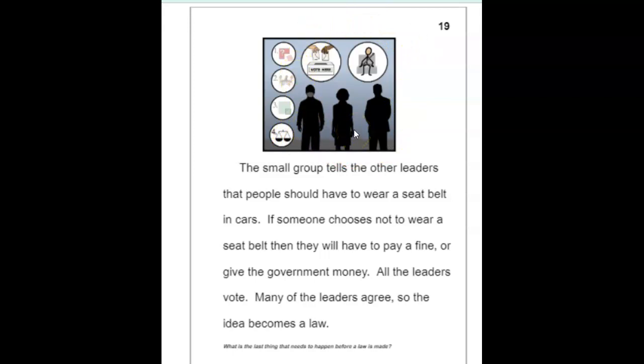The small group tells the other leaders that people should have to wear a seatbelt in cars. If someone chooses not to wear a seatbelt, then they will have to pay a fine or give the government money. All other leaders vote. Many of the leaders agree. So the idea becomes a law.